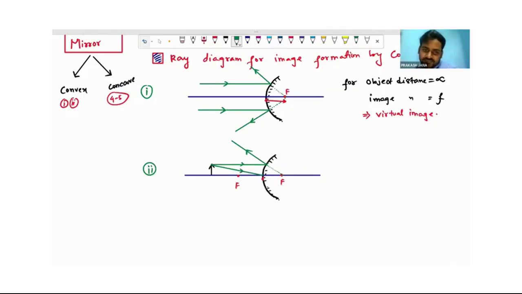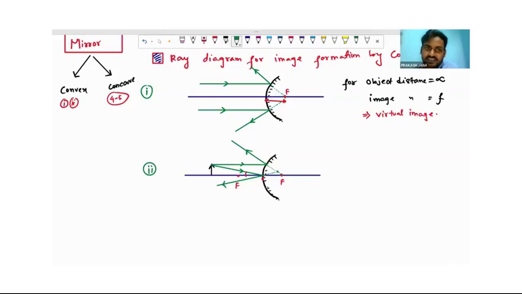After reflection, as you know, at the pole the blue line, that is the principal axis, is the normal, perpendicular. So this is the angle of incidence, and the angle of reflection will be something like this. Now we extend it in the backward direction.